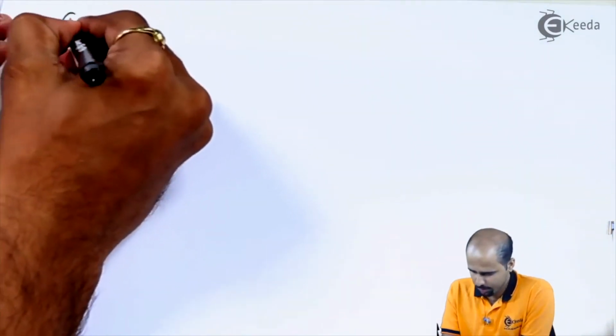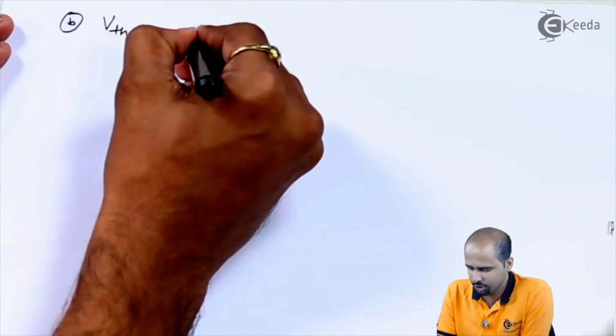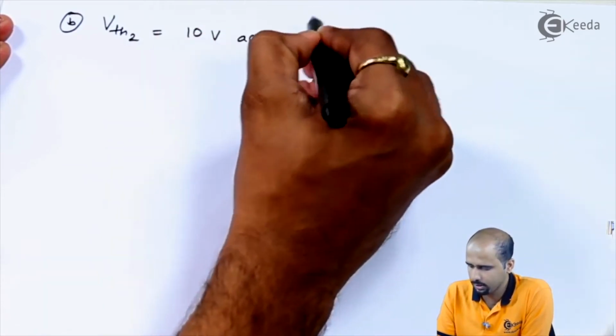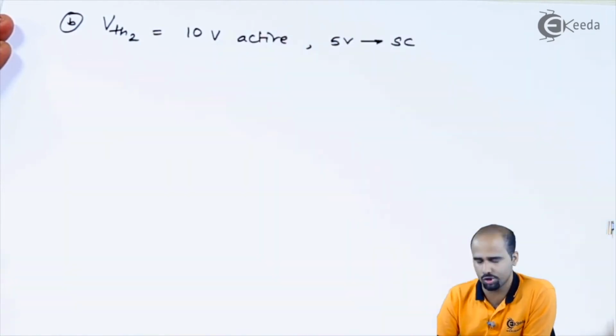Okay, so B part is VTH2. In VTH2 we will say 10 volt is active and 5 volt is converted to short circuit.